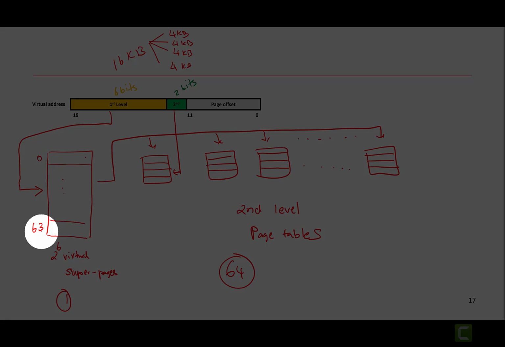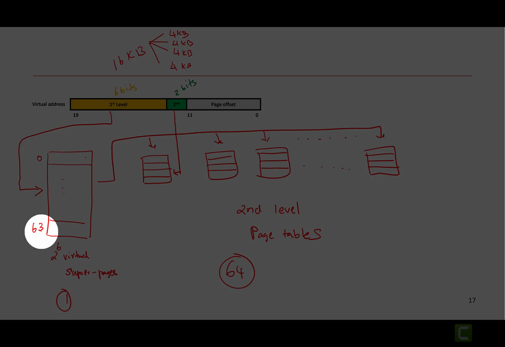So it's 4 times smaller, right? Remember, the super page is 4 times bigger, so I'm able to shrink the super page table by 4 times compared to the single level page table, and that is what I need to allocate when the process starts, and that's why my space requirement is much lower.